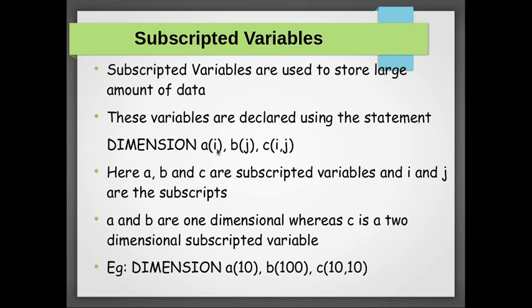A with one subscript is a one-dimensional variable. B with one subscript is also a one-dimensional variable. C(I,J) is a two-dimensional variable. We can have three-dimensional variables and so on. So subscripted variables become very useful when we deal with a large amount of data. Later, when we go into the control statements, we'll learn more about how to deal with subscripted variables.